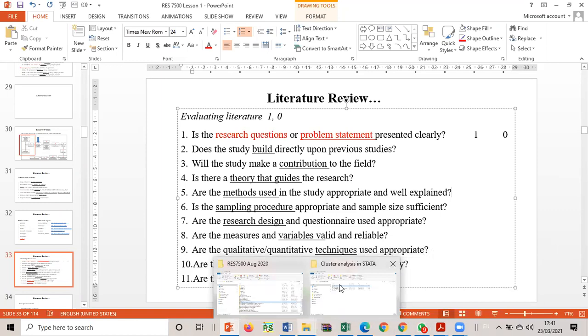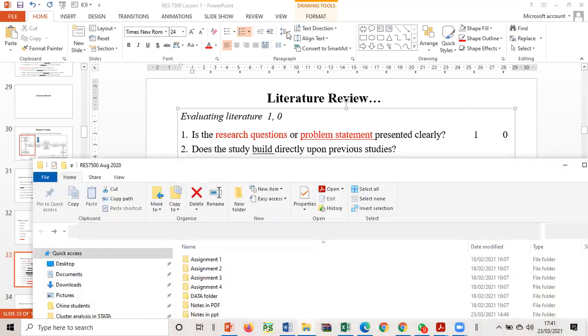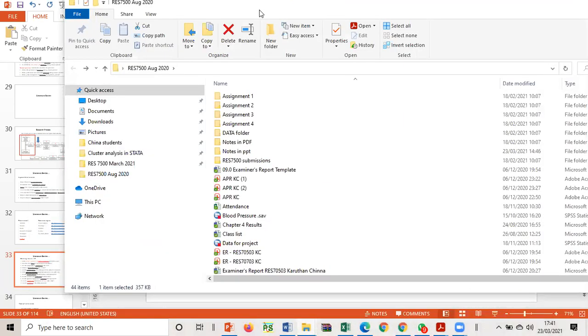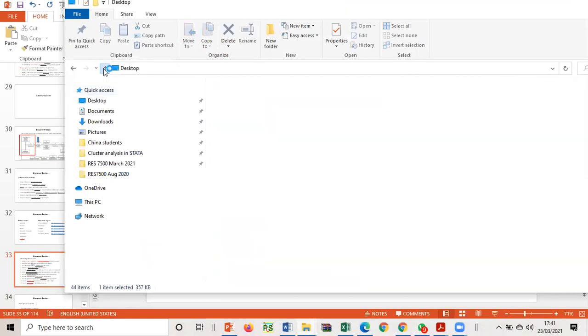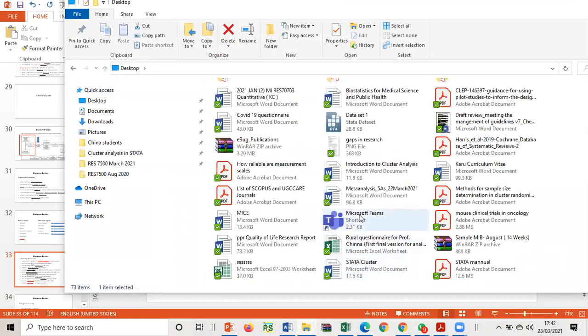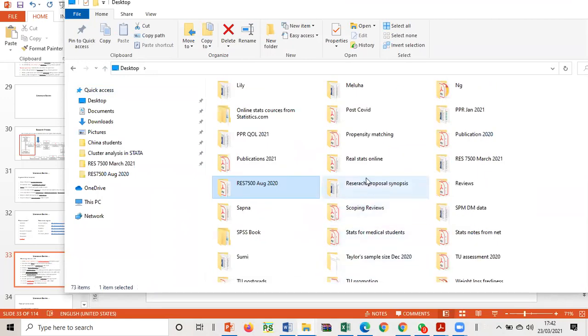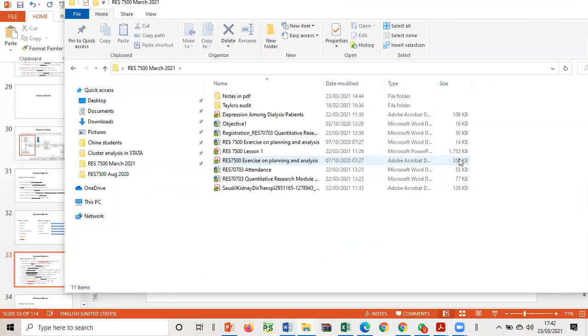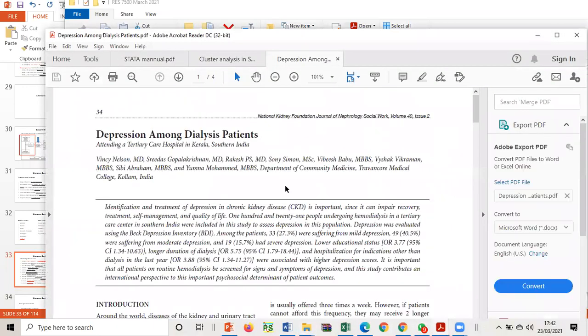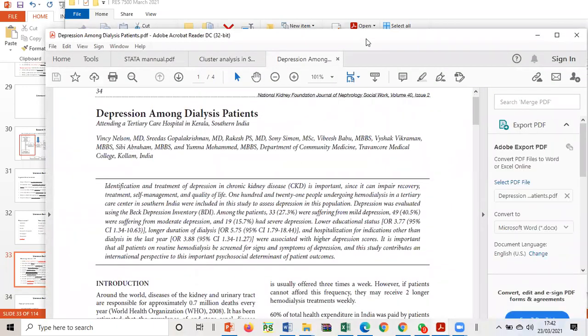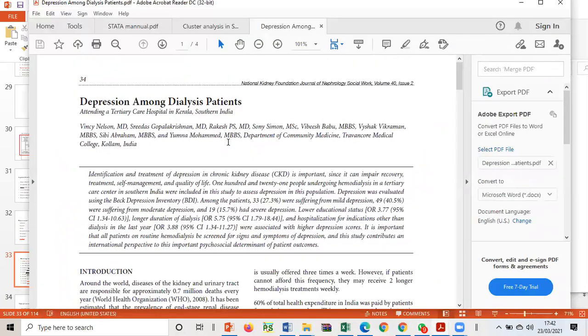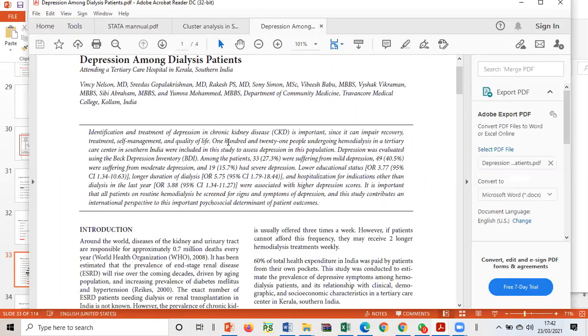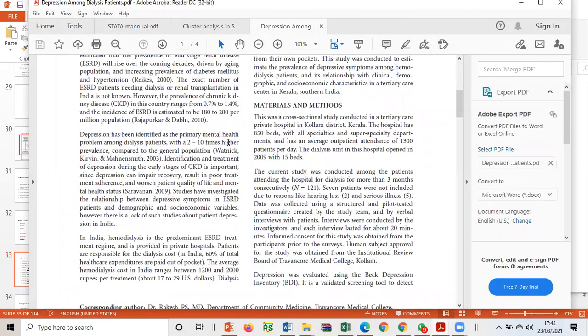Let me see whether I have it here. For example, I sent you one article, "Depression among dialysis patients." Look at the methods and materials.